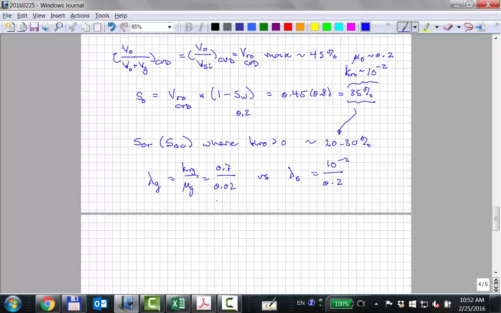And you basically start seeing that this is going to be much bigger than this, even if there is some finite mobility to the oil, to the condensate. Your gas is just going to outrun it appreciably. You know, the gas mobility is just going to be so much higher than the oil mobility. So you might get a little bit of oil trickling in, but it's not going to be a lot.